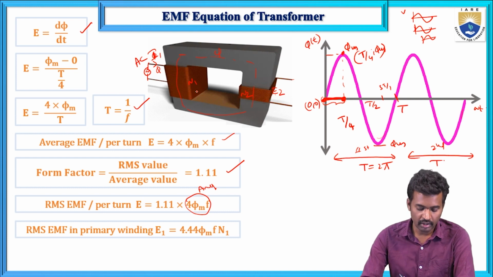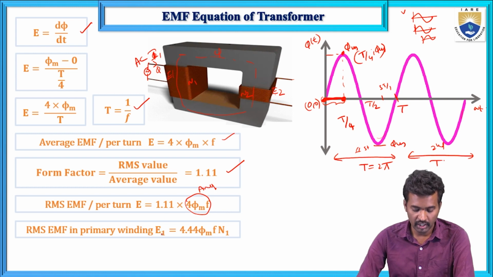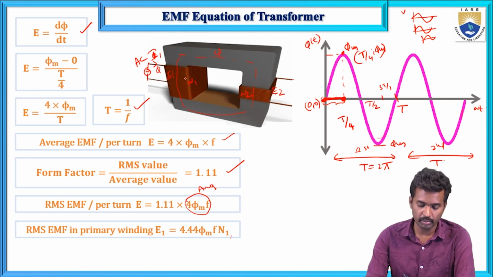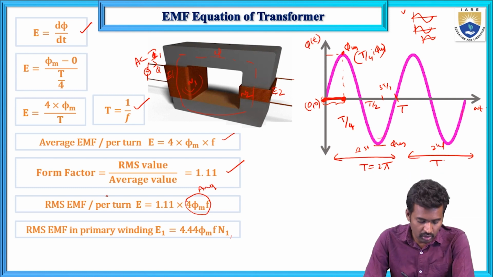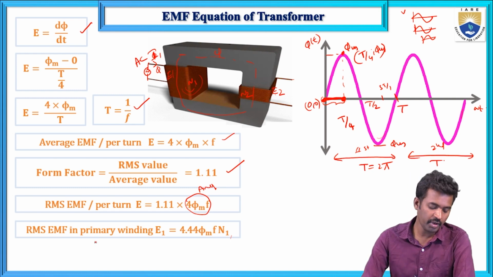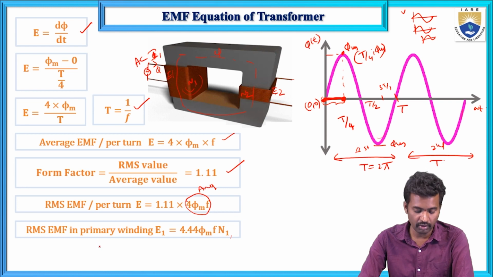For N turns in the primary winding, the induced EMF E1 will be developed in the primary winding and secondary winding. So E1 equals, multiply with N1. This is only for one turn, so for N1 number of turns connected in series, multiply with N1. So now the RMS EMF in the primary winding E1 equals 4.44 phi m f N1.